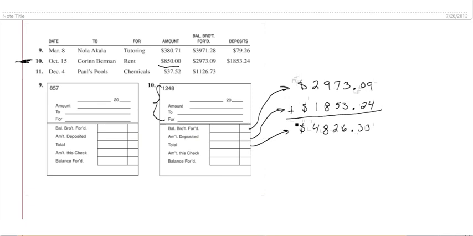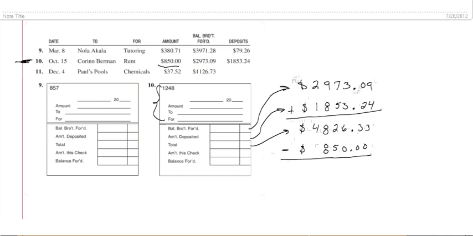Okay. Next, we would write down the amount of this check, which is $850. And in fact, in order to determine the balance forward, we're going to subtract $850 from the $4,826.33.